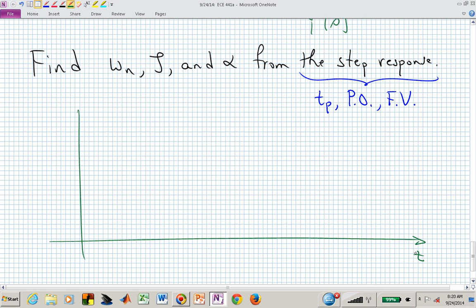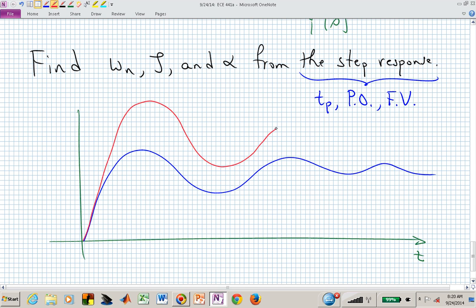Here's time, and let's say that those are supposed to be scaled versions of the other. They may not be quite properly aligned, but the peaks are supposed to be lined up, and all the bumps and dips are supposed to be lined up.